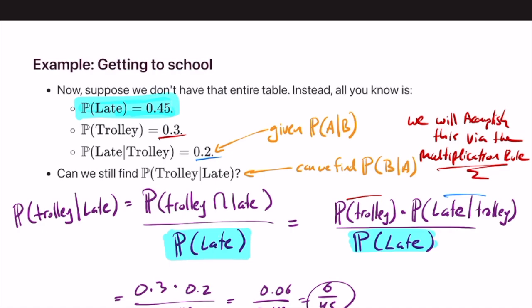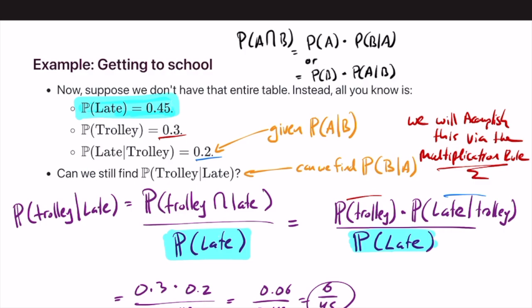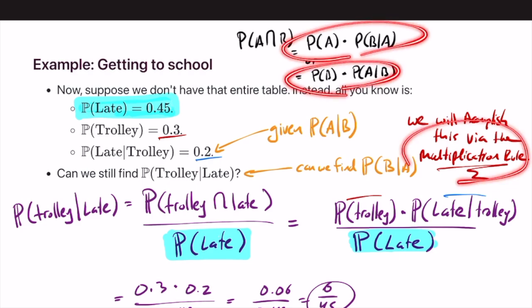And we did that with the careful application of the multiplication rule, because remember, the multiplication rule states that if we want the probability of A and B, we can rewrite that in the form of the probability of A times the probability of B given A, or we can put it as the probability of B times the probability of A given B. And the carefulness in the application of the multiplication rule is deciding which one of these that you want.